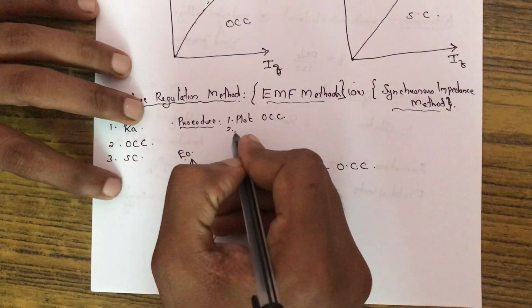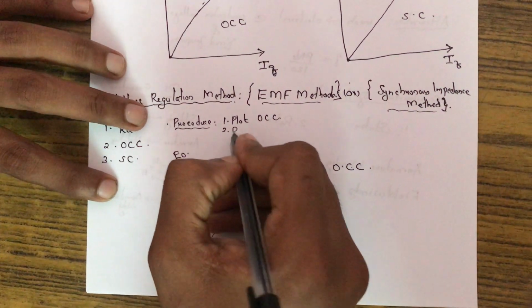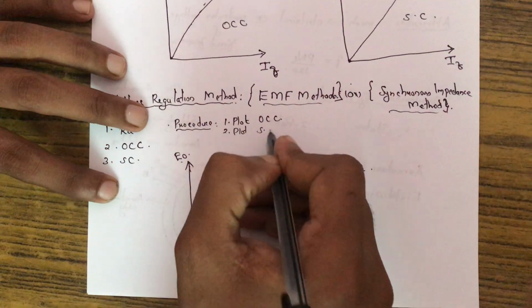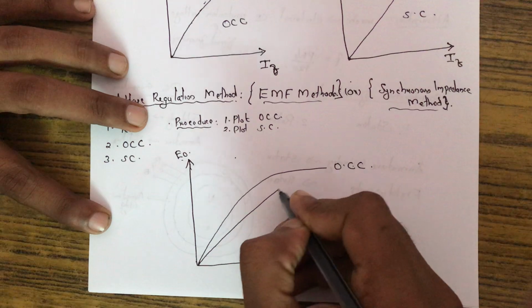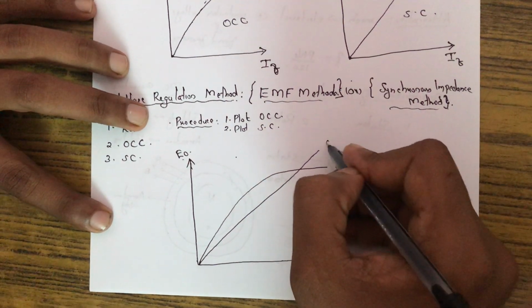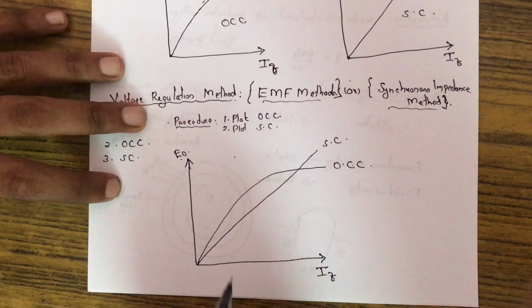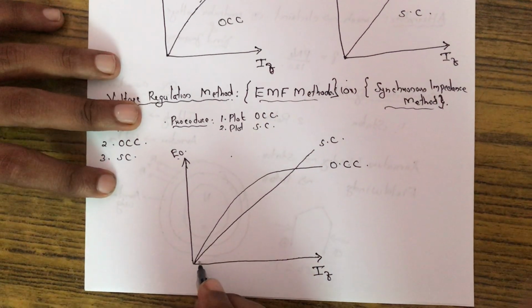The second step is to plot the short circuit curve. Short circuit curve will be a curve passing through the origin.